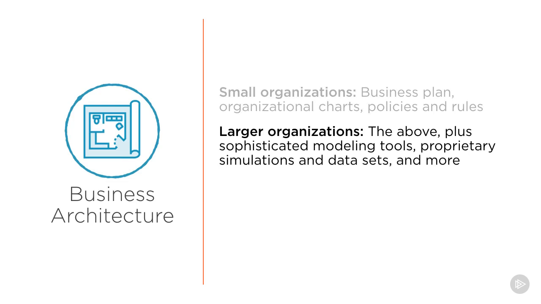In larger organizations, all of the above are very important, but we may also have access to sophisticated modeling tools that would show simulated results on how things might change in a very complex factory, for example, if we were to make changes to our processes. We might include proprietary simulations and data sets here as well, in addition to other analytical tools that can allow us to be more technical and more fine-grained in the type of modeling that we do.